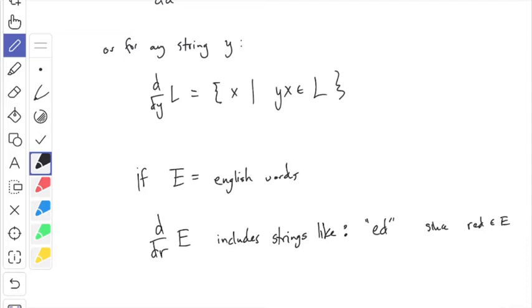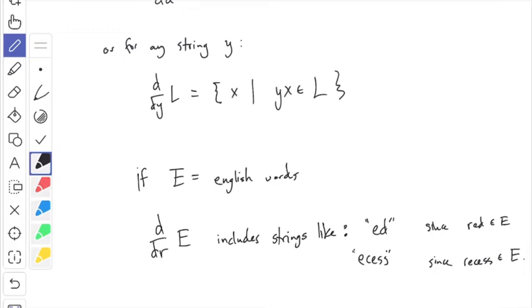Or something like, I don't know, recess, because recess is in E. All right, we only do it for the first letter, right? The derivative is not about removing letters in the middle of the word or on the end of the word or anything like that. It's just about the very beginning.